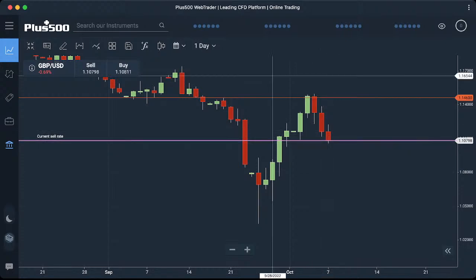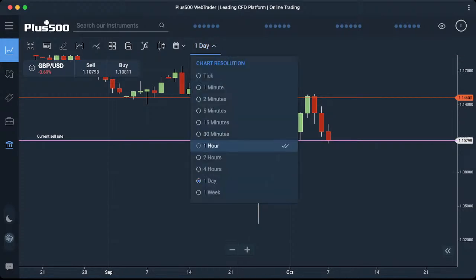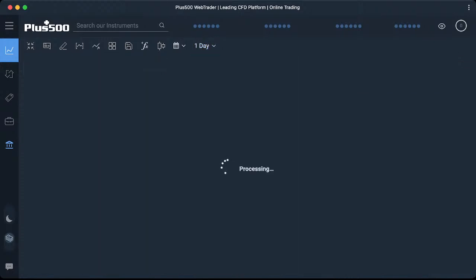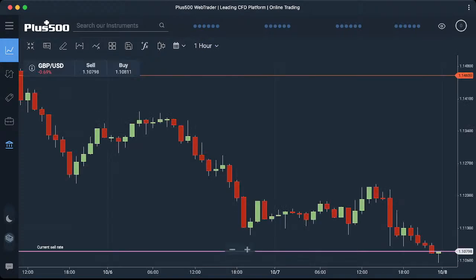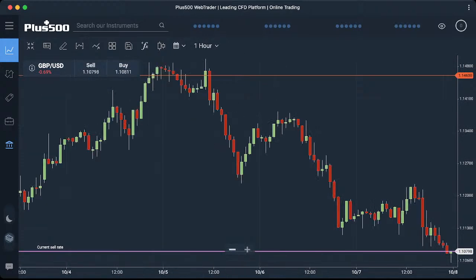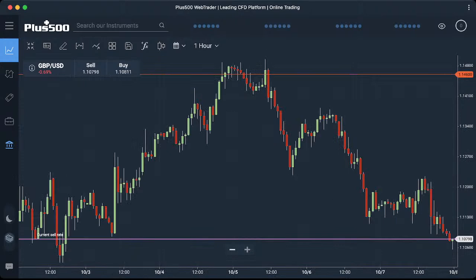So now I'll go to the 1 hour chart and I will show you how we can outline the daily setup based on our higher time frame bias.